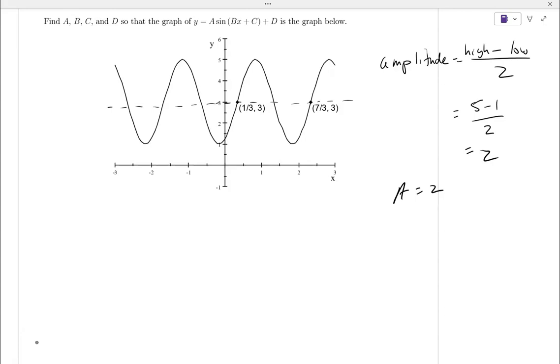And how did you come up with 2? I just subtract 7/3 minus 1/3. It starts at 1/3, ends at 7/3, so the difference between those two gives you your period. So our period here is 7/3 minus 1/3, which is really 2. Good.